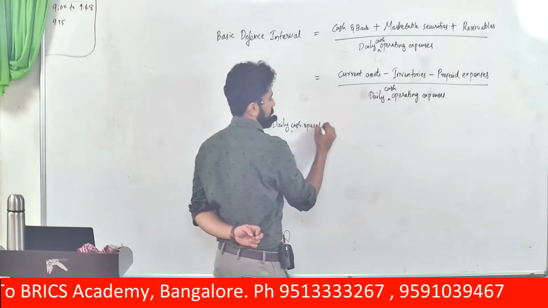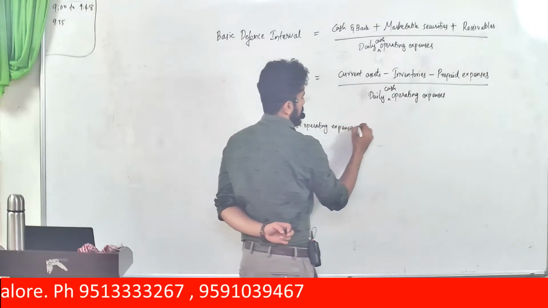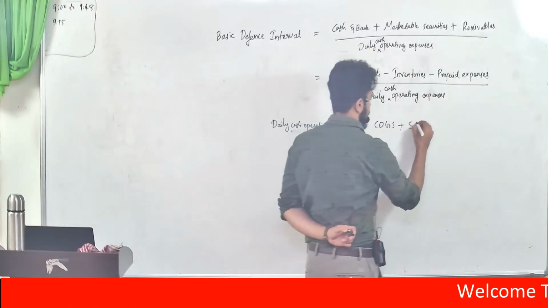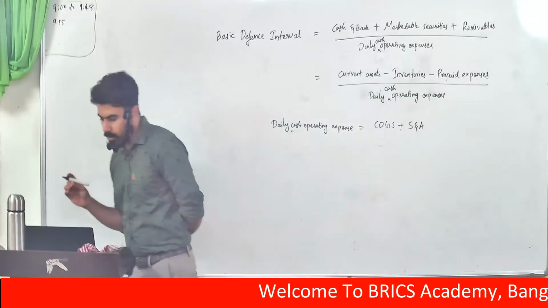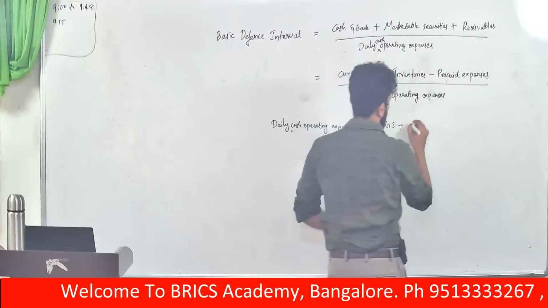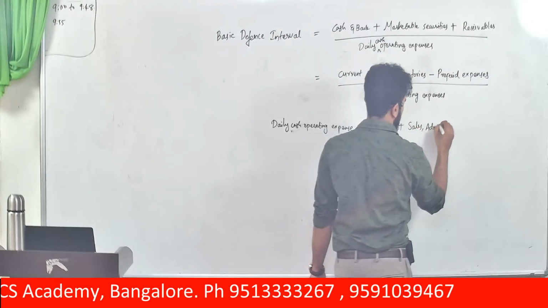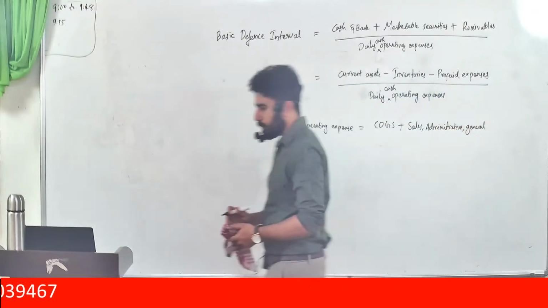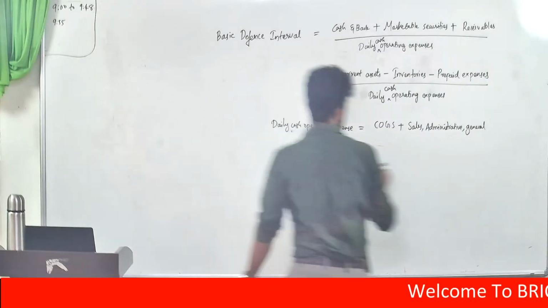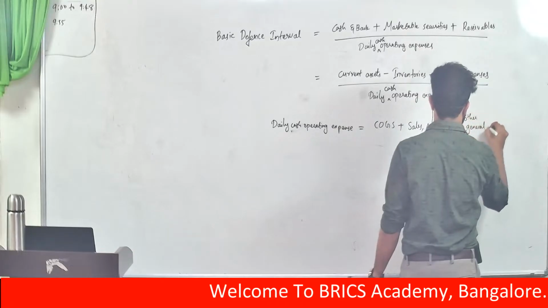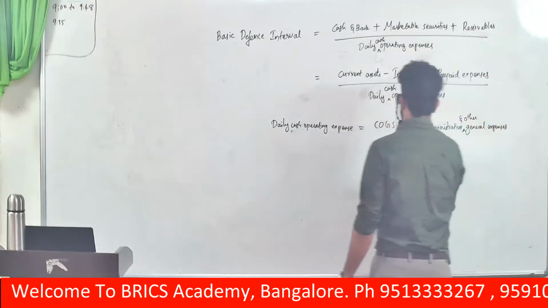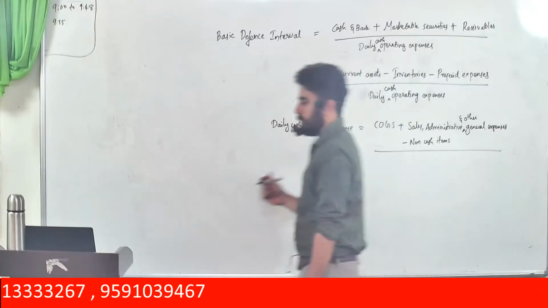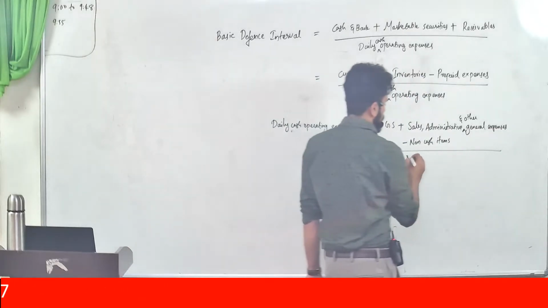You can compute this as COGS, cost of goods sold, plus selling, administrative, general and other expenses, minus non-cash items, divided by the number of days in a year.